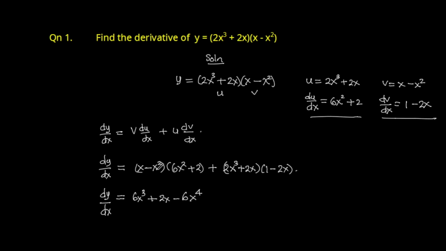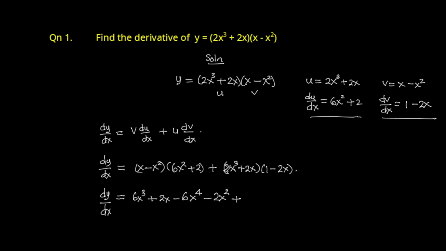Following the rules of indices, when you are multiplying numbers with the same base, you add the powers. Negative times positive is negative, and then x squared times 2, we get 2x squared.